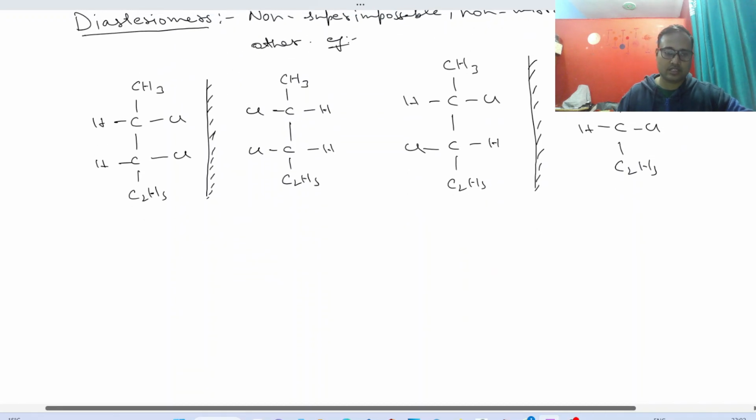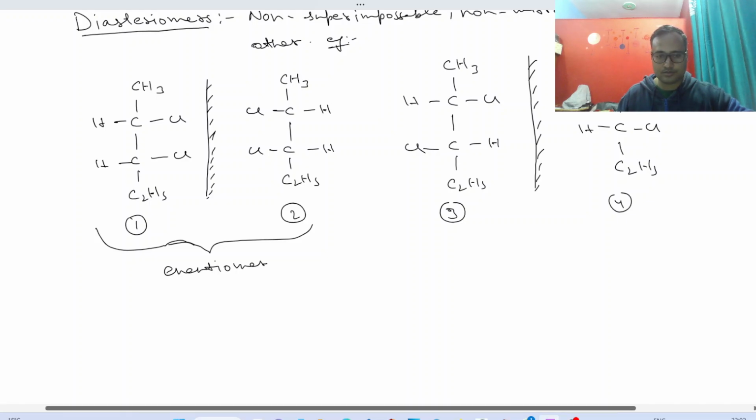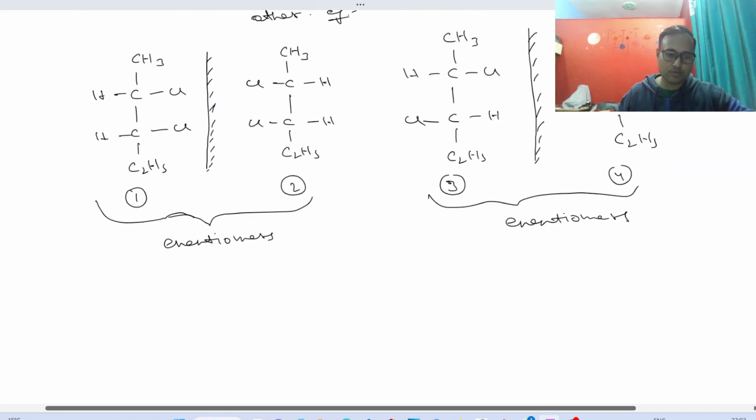Let us categorize them as compounds 1, 2, 3, and 4. Out of them, compound 1 and compound 2 are enantiomers. Compound 3 and compound 4 are also enantiomers. Now what is the relation between compound 1 and compound 3? They are non-superimposable and non-mirror images.